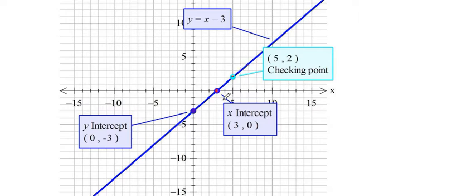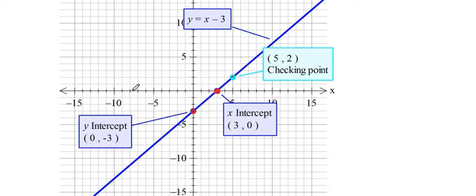For this line, there are two typical points: where the line intercepts the y-axis and the x-axis. We call this point the y-intercept. Here this point is x equals 0, y equals negative 3. And this point is the x-intercept.